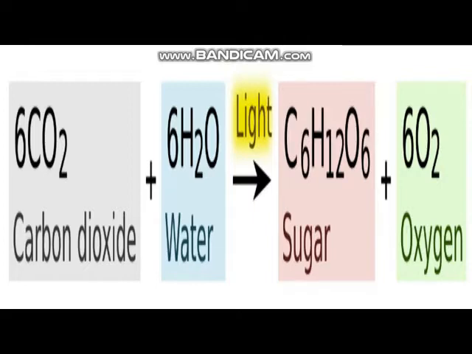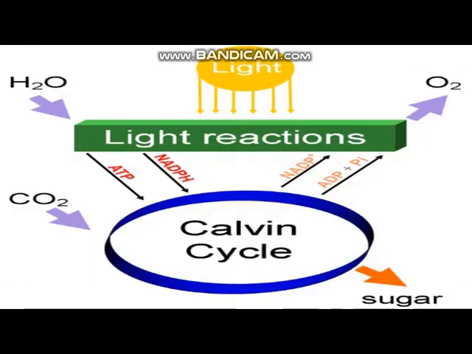So going back to this little place, we've got the ATP and NADPH going into the Calvin cycle, or dark cycle, you see here. And this is when the plant takes in carbon dioxide. Alright?